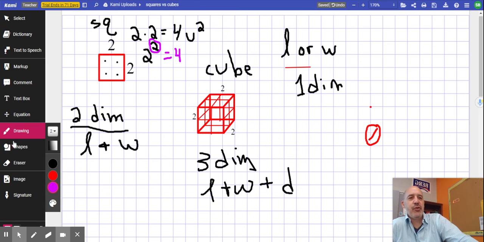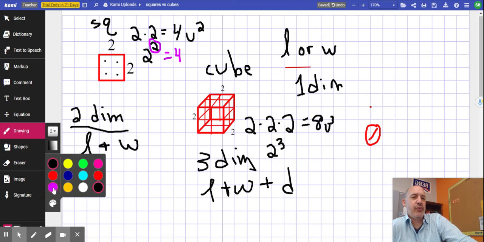As opposed to a cube is three dimensions. So I know to find its volume, it will be 2 times 2 times 2, which is 8 cubic units, because literally there are 8 mini cubes that make up this cube. But on the flip side here, I could write 2 times 2 times 2 as 2 to the third power.